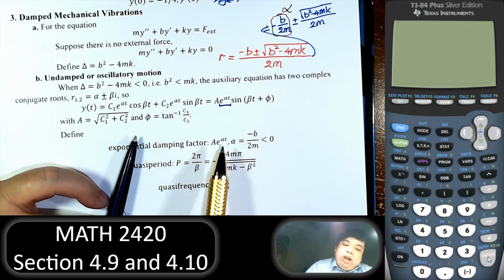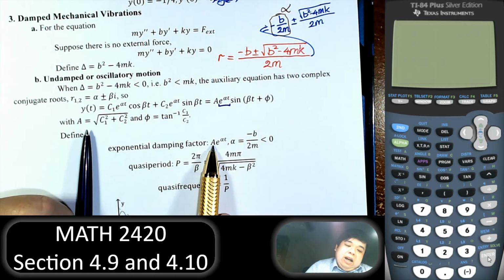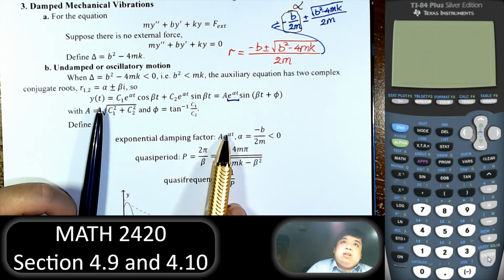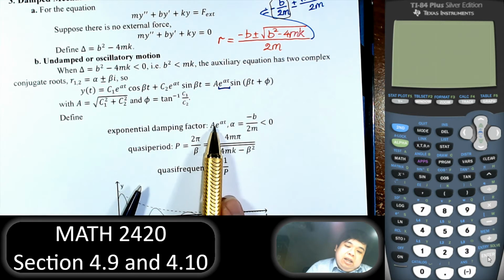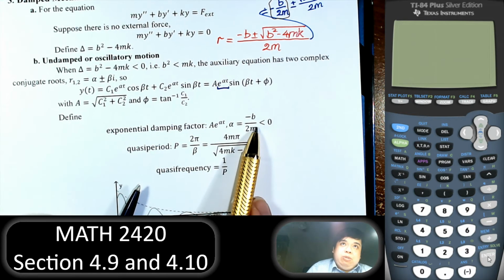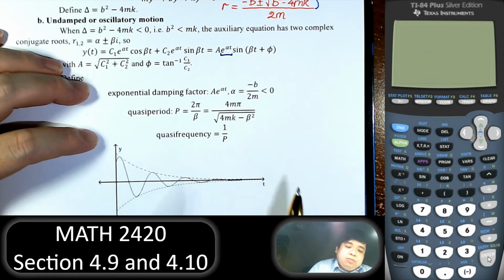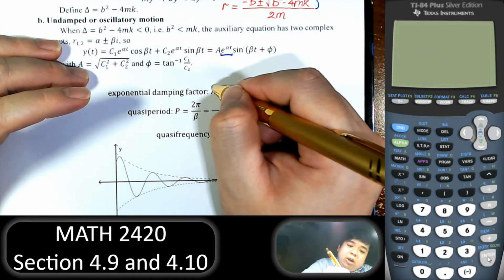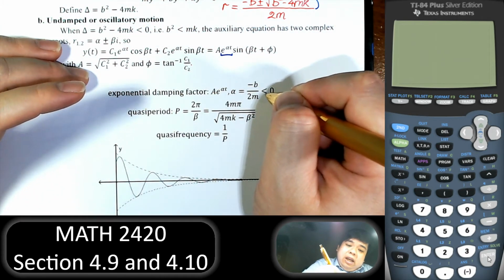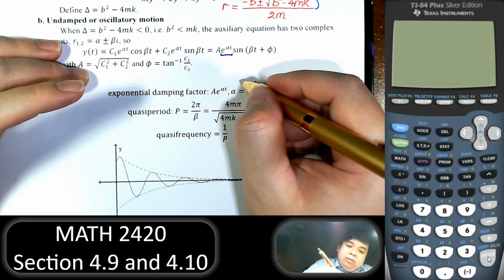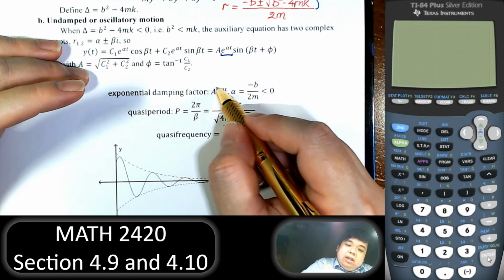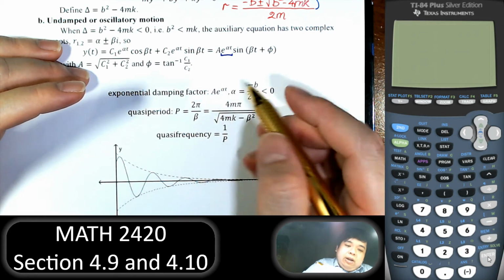So we have the exponential damping factor, A times e to the alpha t, going to be equal to that. Now notice that for this equation, as t goes to infinity, this goes to 0.